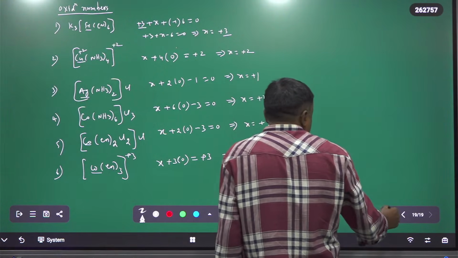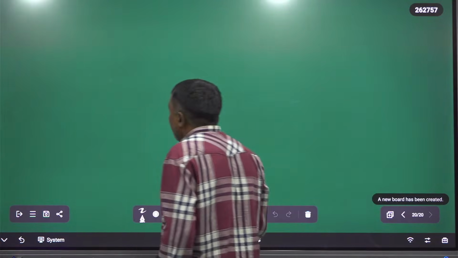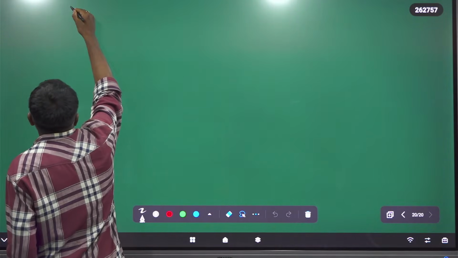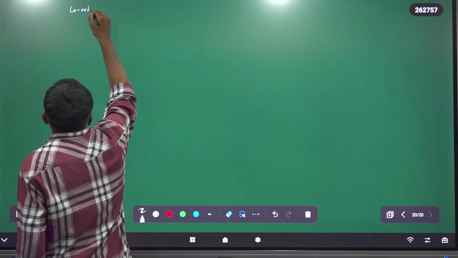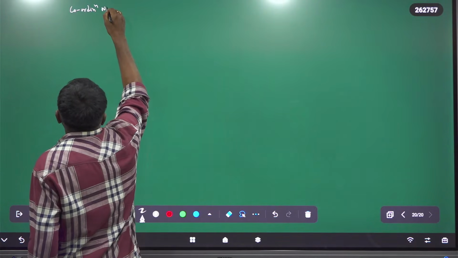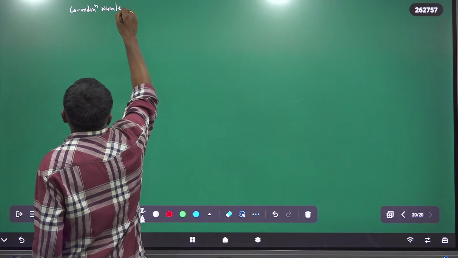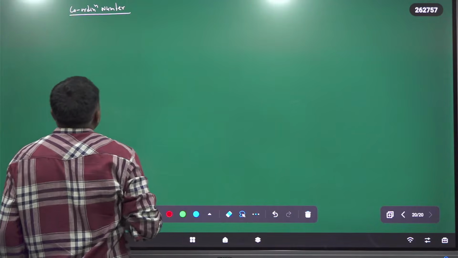After this we have one more topic, that is the coordination number. What is meant by coordination number? We already learned about this coordination number.